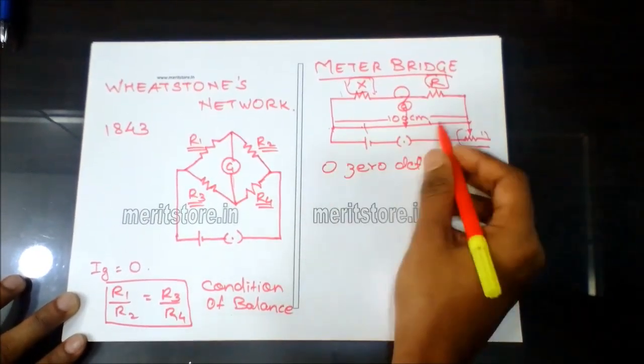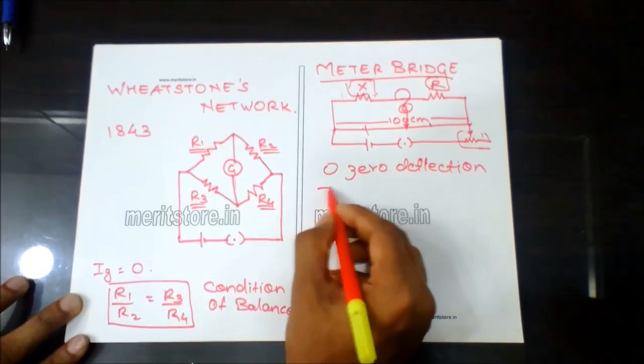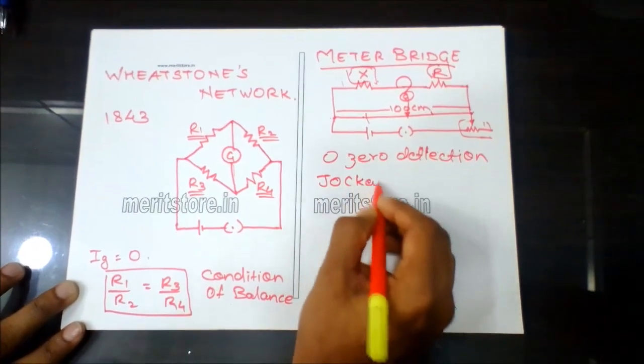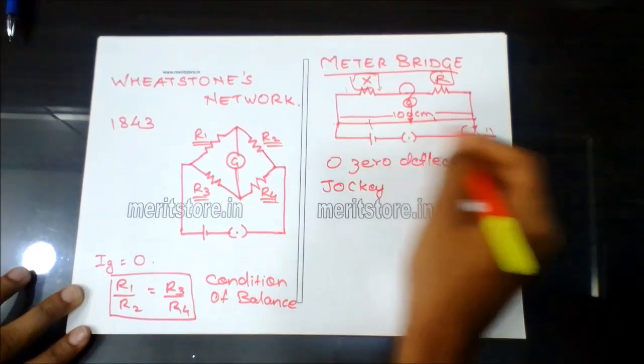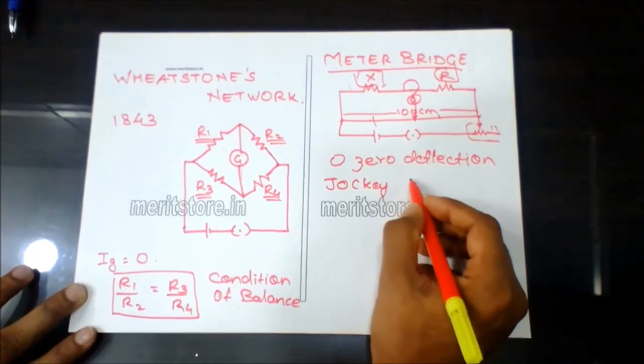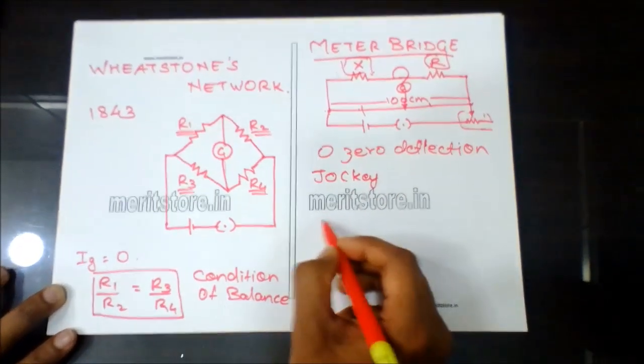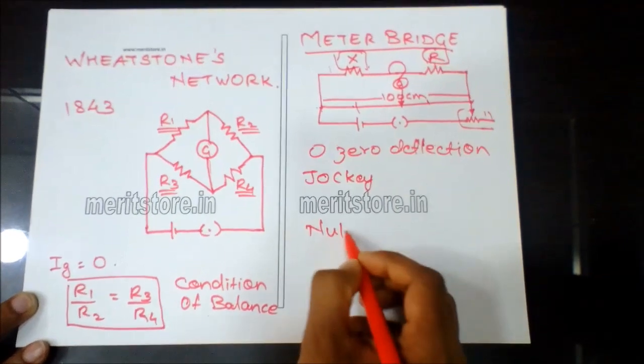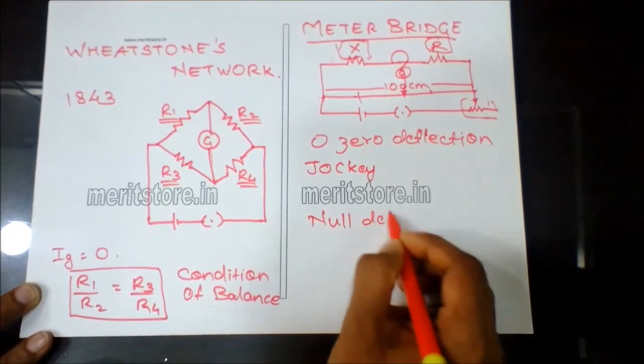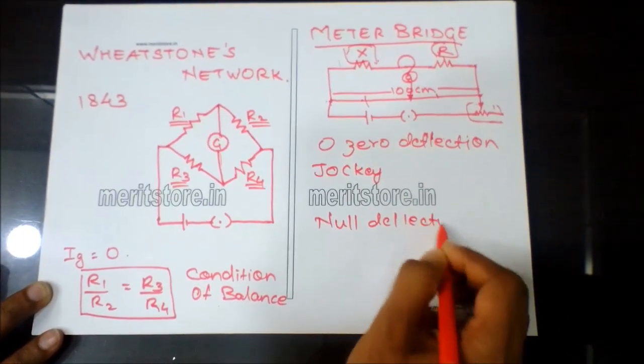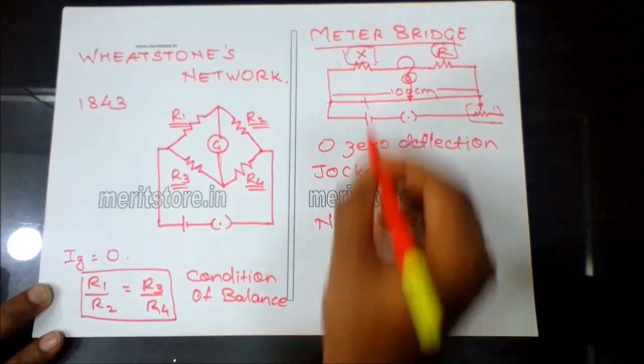So once the current starts flowing, the jockey is touched at various points on the wire, and the point at which the galvanometer shows null deflection is taken as the reference point.